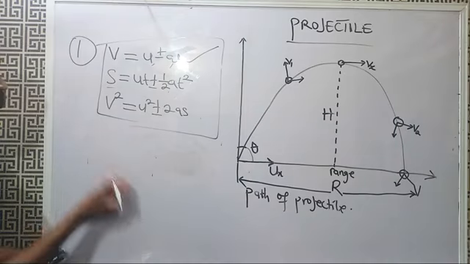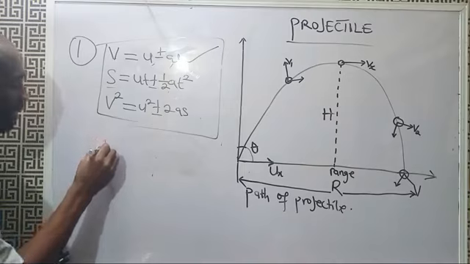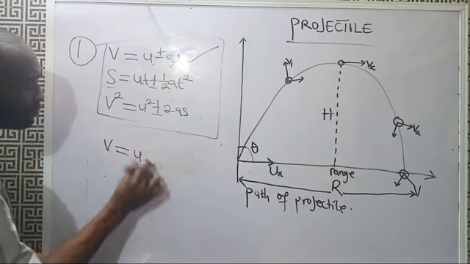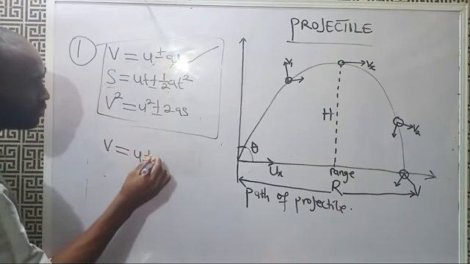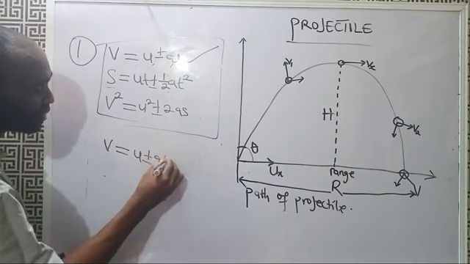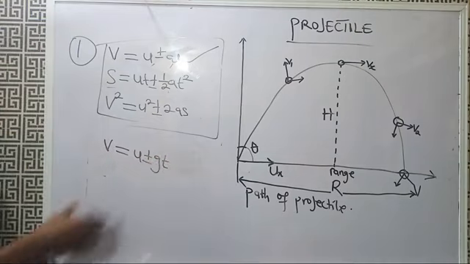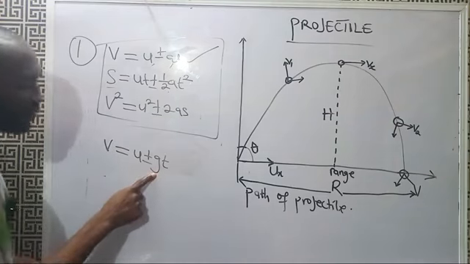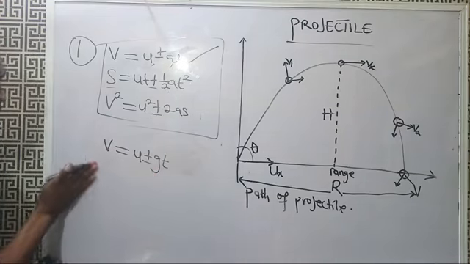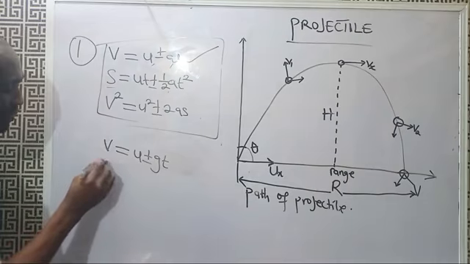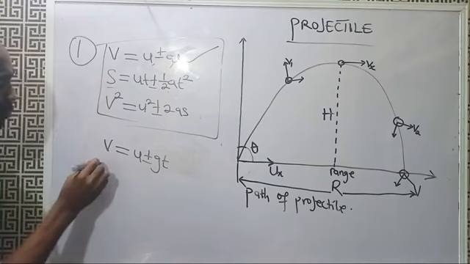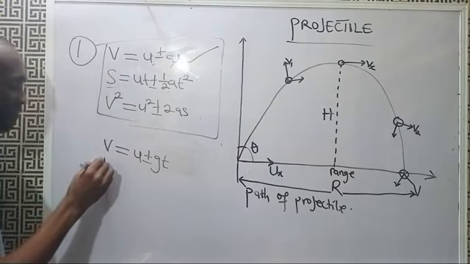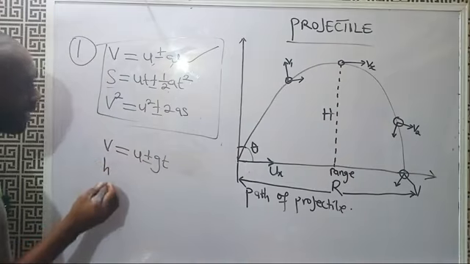If the body is moving upward, we now have v = u plus or minus gt, that is, the acceleration on land has converted to acceleration due to gravity, g. Then s now becomes h, because when you're going upward, your distance is converted to height.